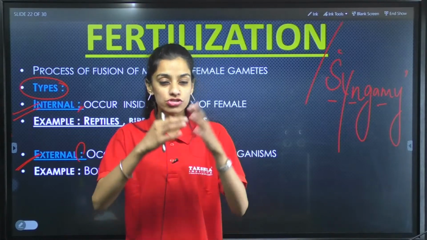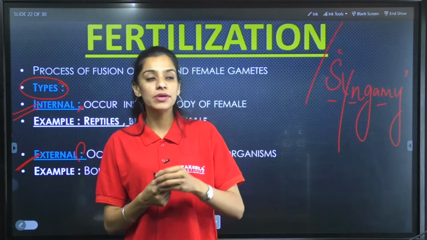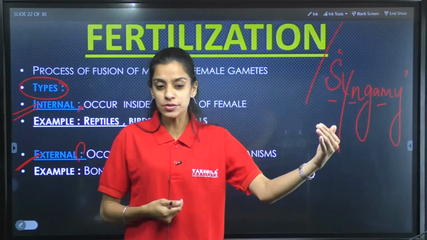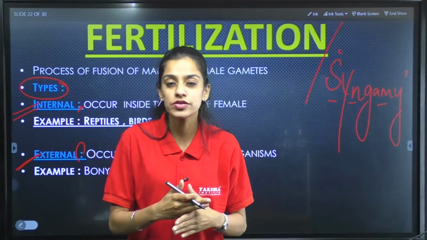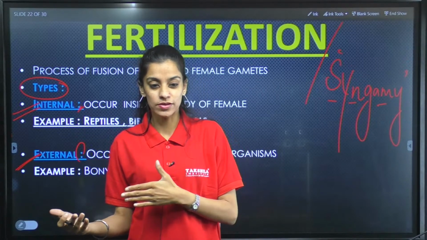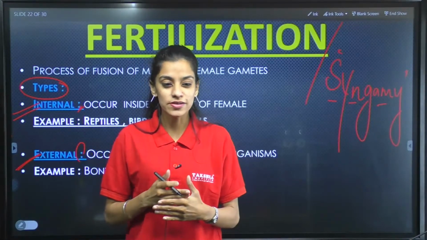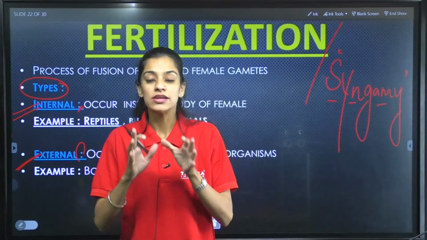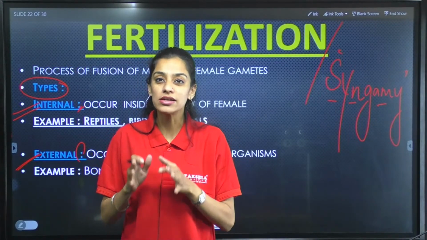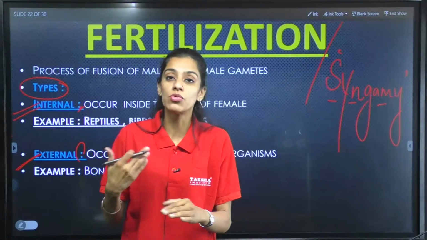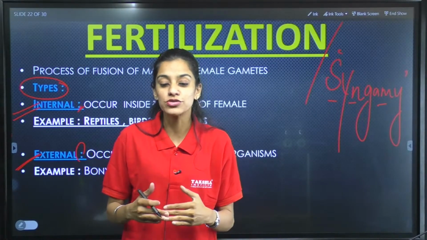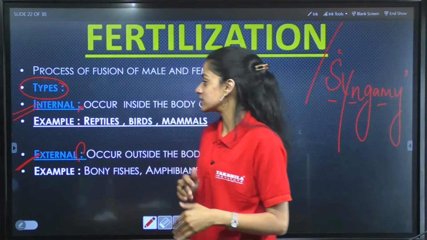Instead of air, it can be any external medium, not restricted to air, it can be in water also. Since it is not restricted, somewhere the internal fertilization tends to be more advantageous and more efficient as compared to external fertilization, right?